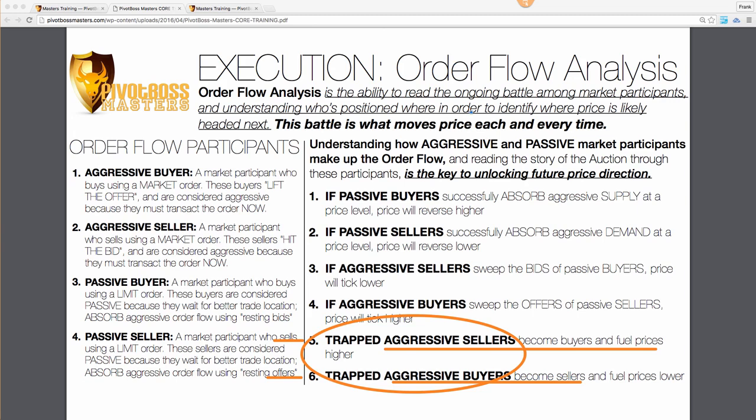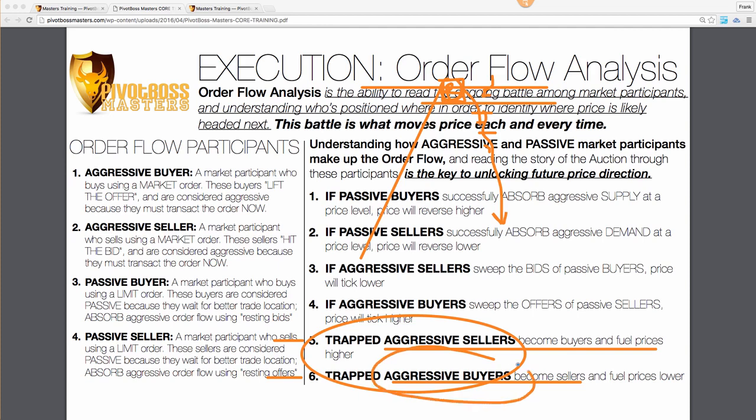Because again, if you have a big time level up here that you're looking to fade and price comes up here and a large buyer comes in, a large buy imbalance, aggressive buyers, and price immediately rejects, now all of a sudden these trapped buyers have sell stops down here, and they become the sellers that trigger the reversal.